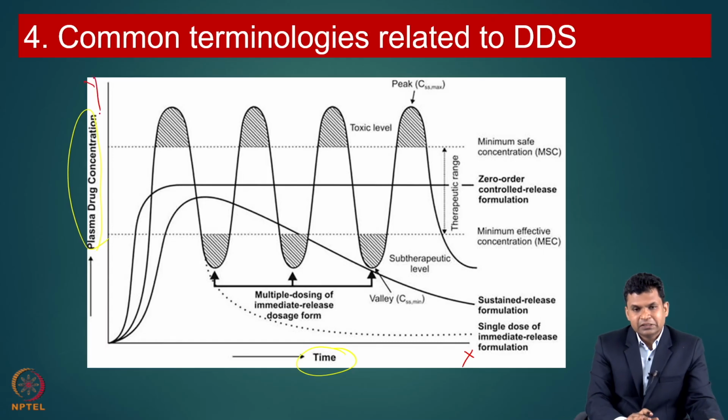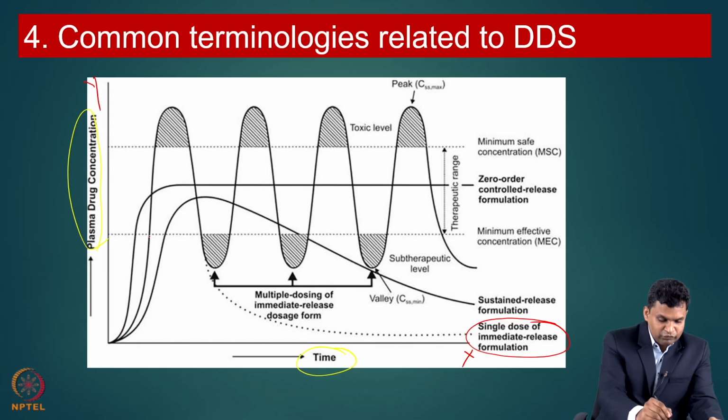This is a theoretical approach to understand the importance of drug delivery systems. First we will see the single dose of an immediate release formulation, or you can say the conventional formulation.